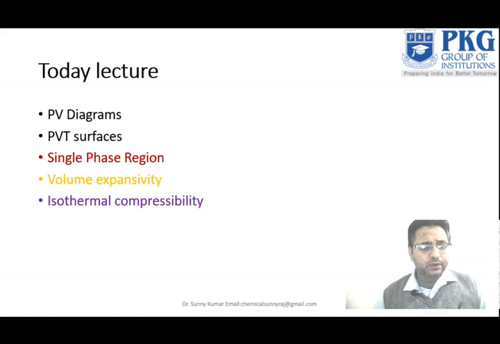And the PVT diagram represents how the three terms, pressure, volume and temperature, change with respect to the individual ones. So this is important.